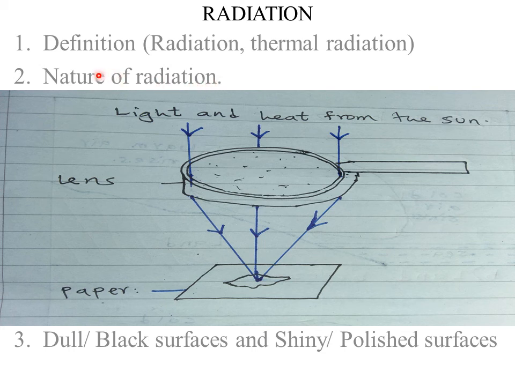So when electromagnetic radiations are absorbed by a body, it can cause a heating effect. Now, the amount of heat radiation or electromagnetic radiation absorbed depends on the nature of the surface which is absorbing that particular radiation.